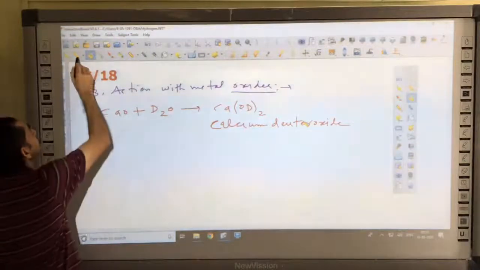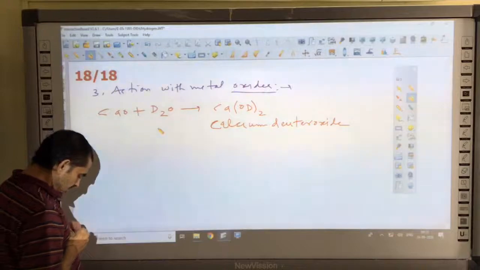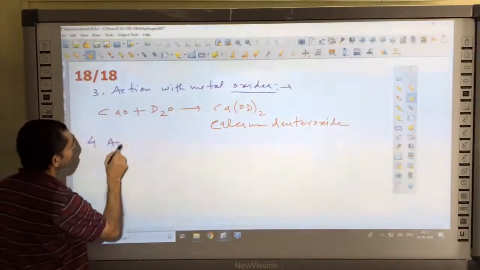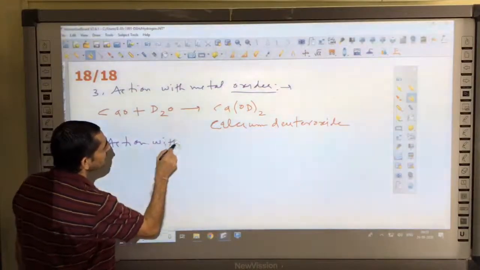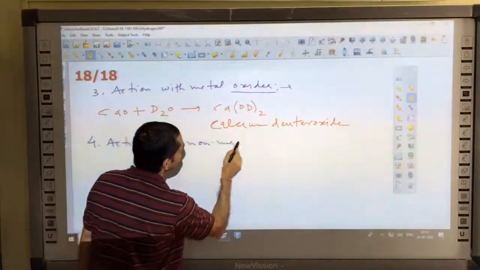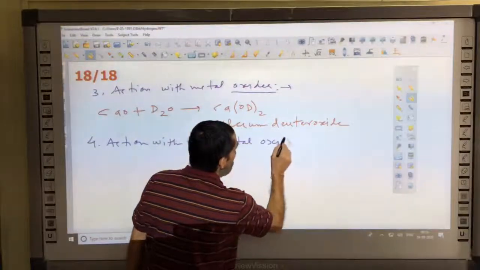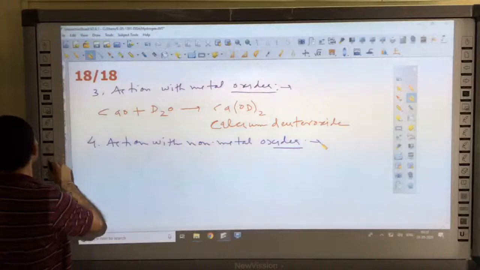Next, action with non-metal oxides. You can write the reaction yourself.